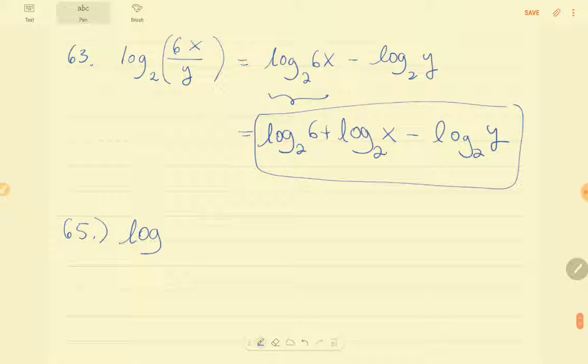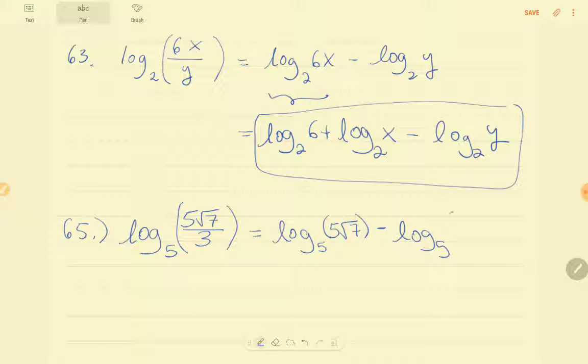The log base 5 of 5 times the square root of 7 over 3. Okay, so that's the log argument. So that'll be the log base 5 of 5 square roots of 7 minus the log base 5 of 3. And then this can be expanded.